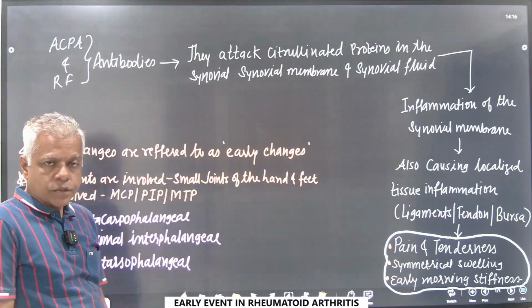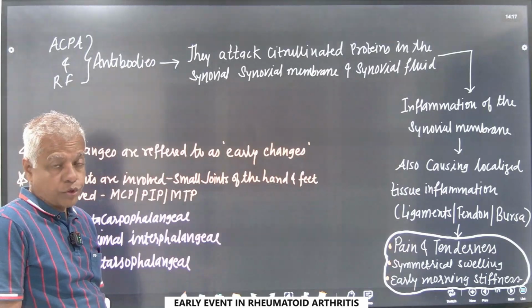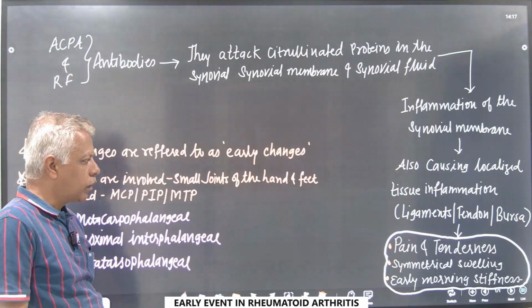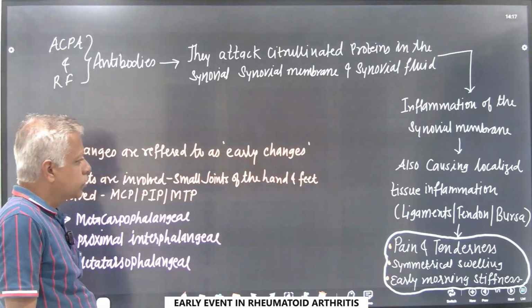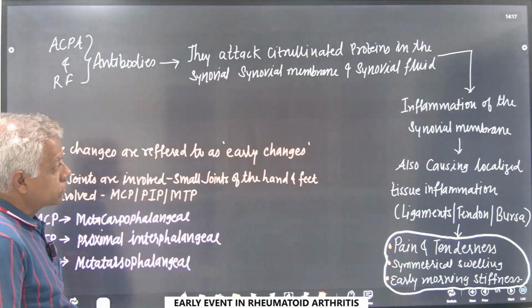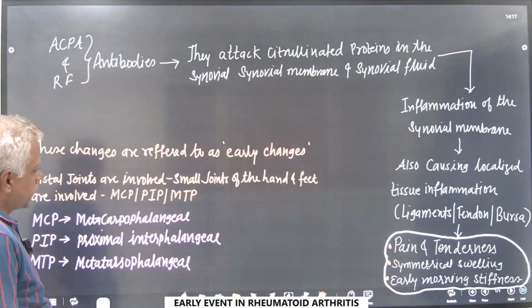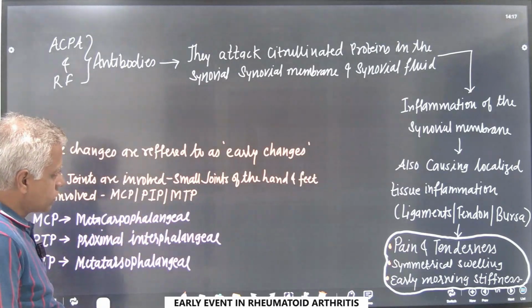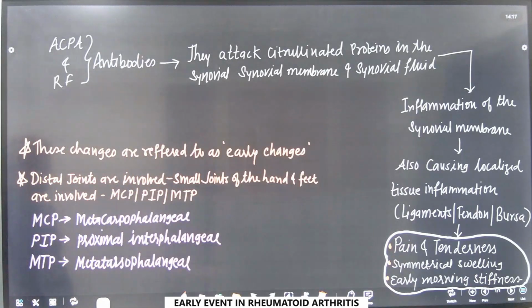So, pain and tenderness of the joint, then symmetrical swelling of the joint. So, joints on both sides are involved, and the early morning stiffness usually lasts for 30 minutes to 1 hour. So, these clinical features we are getting with this synovial membrane inflammation. These changes we get earlier in the disease, we call them early changes, and in these early changes, distal joints are usually involved first.